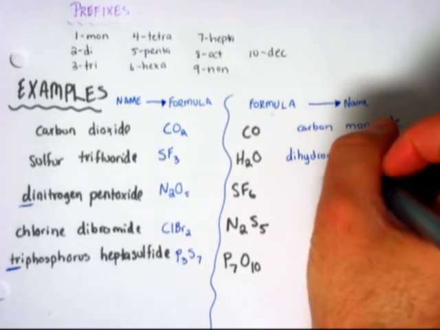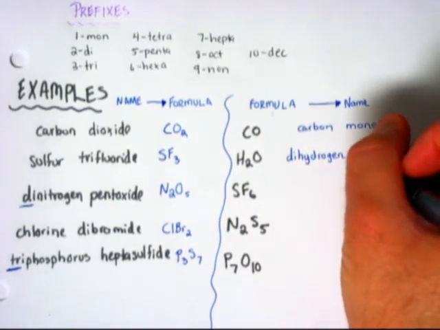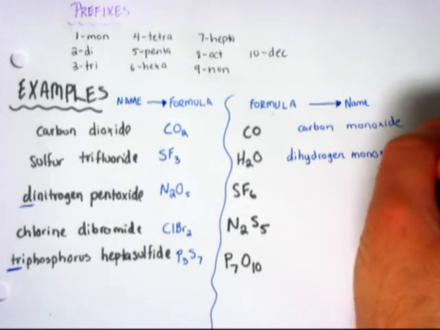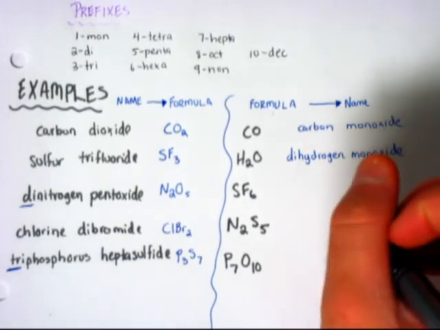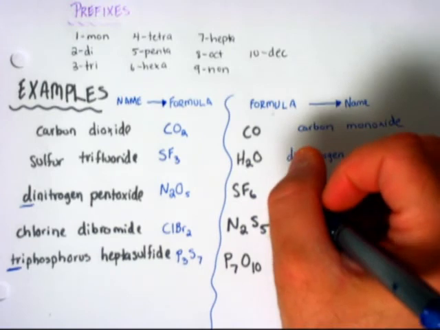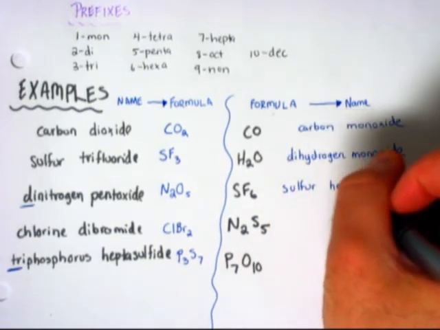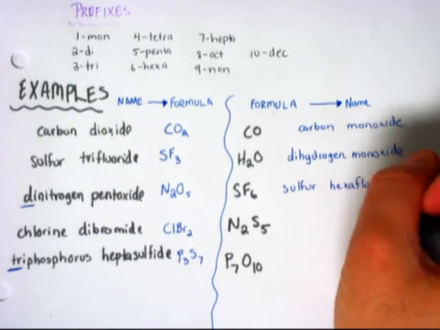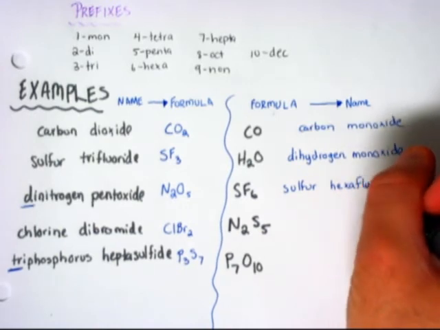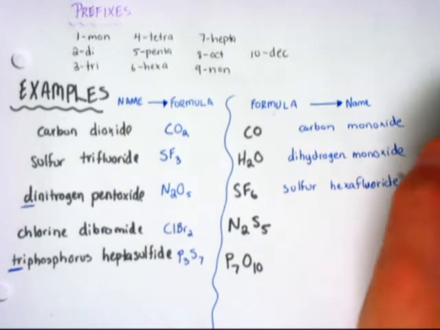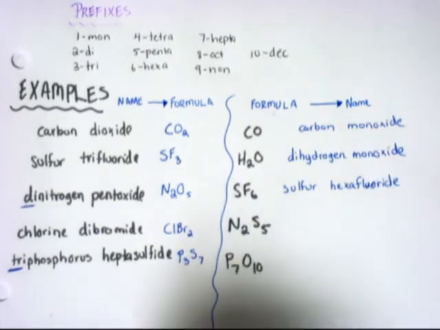And how many oxygens? 1. So monoxide. How about sulfurs? How many sulfurs do we see? So sulfur hexafluoride. So you see we're using those prefixes all the time. I'll let you solve the last 2 real quick, and then we'll summarize everything.